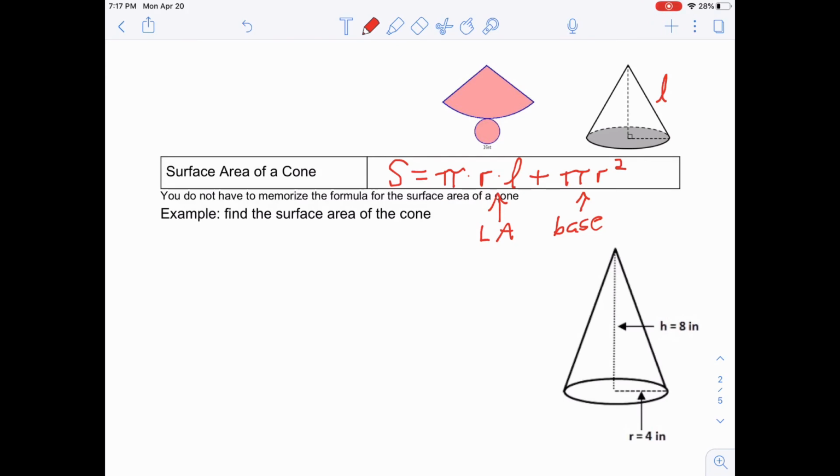Okay, so let's try this example here. So when we do this, first of all, we need to have the slant height. So we've got on this a height of 8, and the other leg of the triangle is 4.